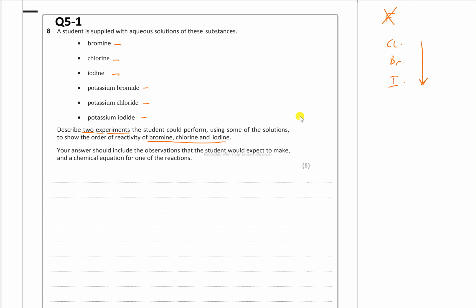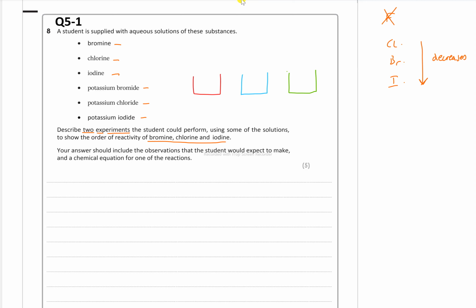Reactivity decreases as you go down. So we've got to show that these are in that order. So let's try it like this and see what it looks like.